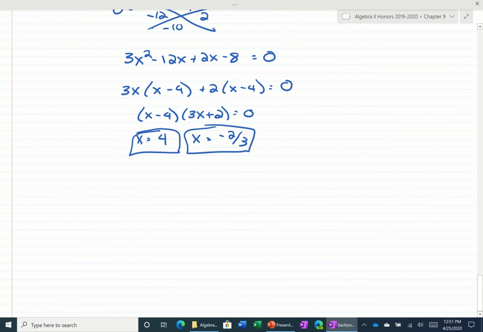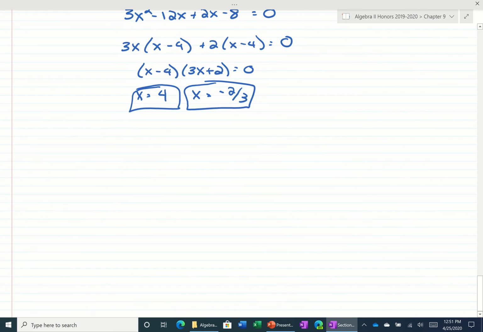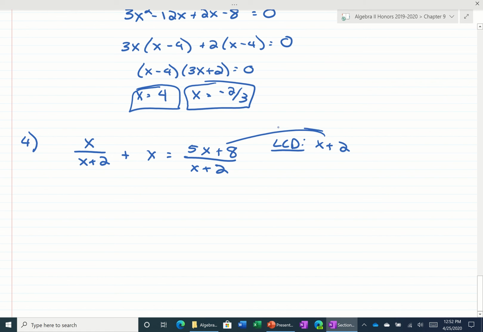I'll do one more, and then that'll be it from the homework review. Taking a look, so number 4 next. Number 4, it says x over x plus 2 plus x is equal to 5x plus 8 over x plus 2. So the LCD would be x plus 2. I'm going to multiply that times everything.